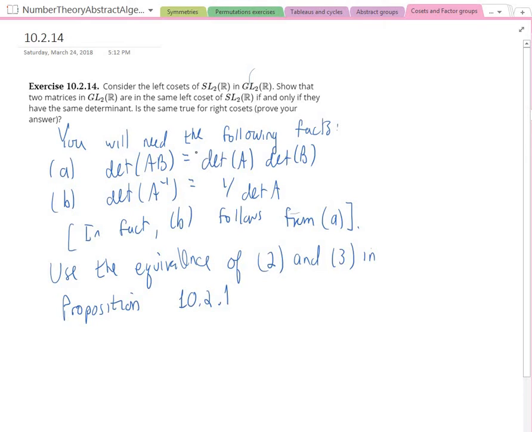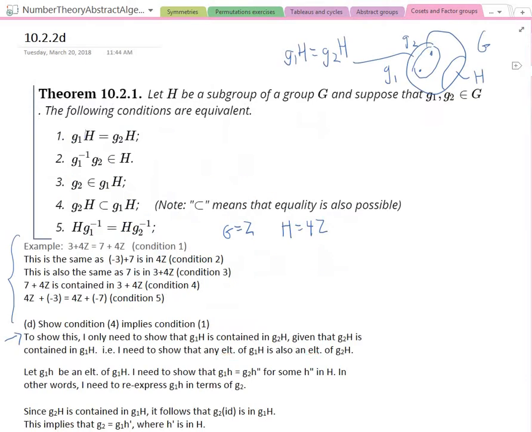So that's one part that you'll need. Another part that you'll need is the equivalence of 2 and 3 in proposition 10.2.1. So let's go back and see what that is. So you'll have these 2 equivalences. G1 inverse G2 is in H is the same thing as saying that G2 is in the coset determined by G1.